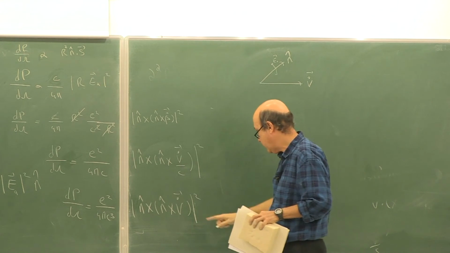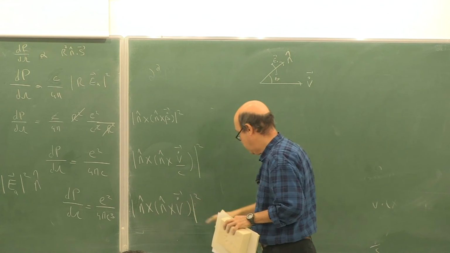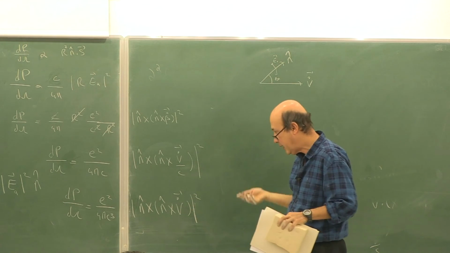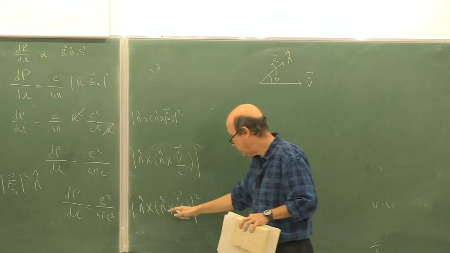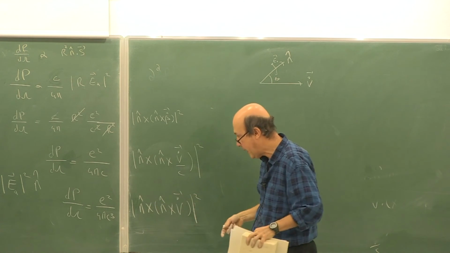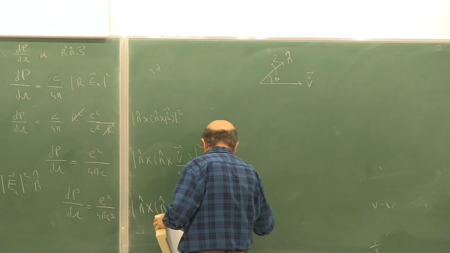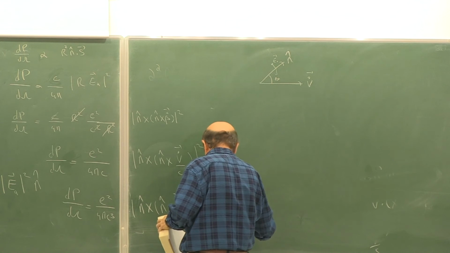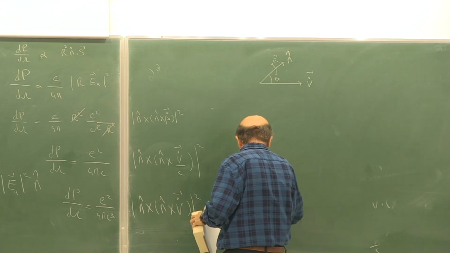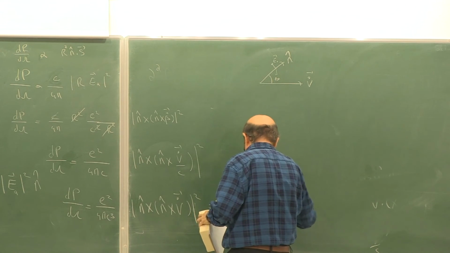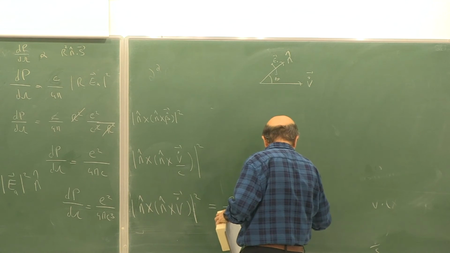So basically n cross v dot: if this is the angle theta, n cross v dot is nothing but the unit vector n times v dot times sine theta, since v dot is perpendicular to n. This is nothing but e squared over 4 pi c cubed, acceleration magnitude squared times sine squared theta.